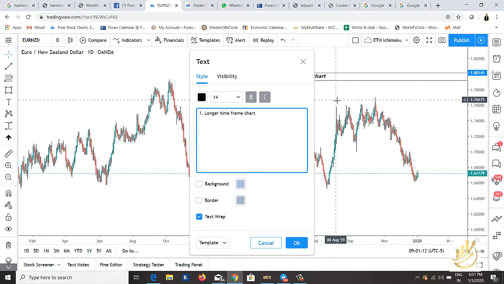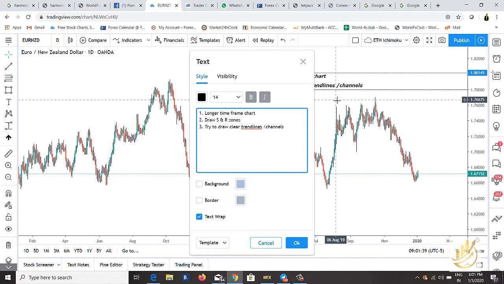Second, draw your support and resistance. Try to draw clear trend lines, channels.